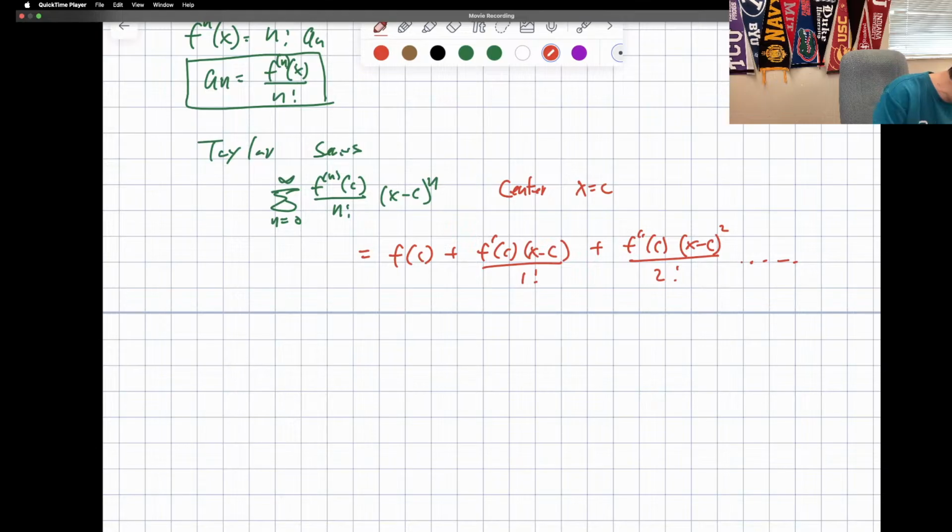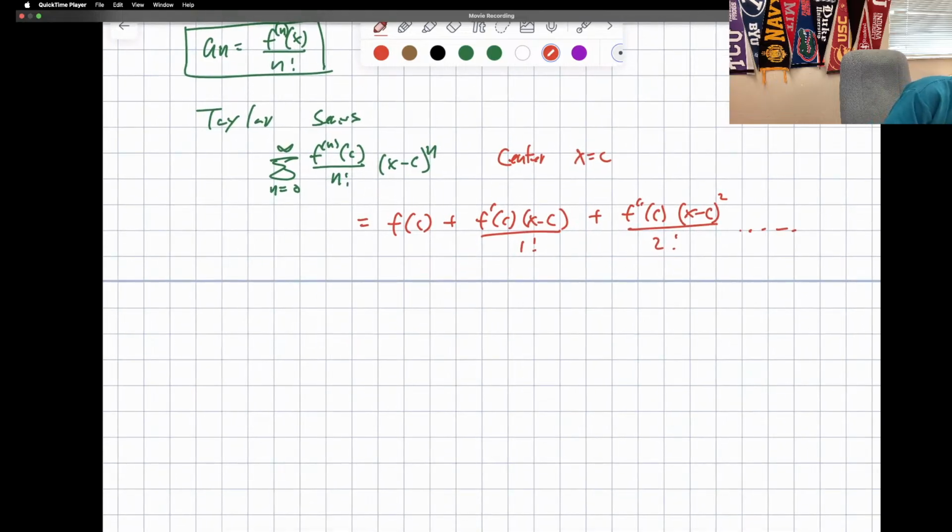Now, what happens if you have Maclaurin? Maclaurin's a little bit lazier. Maclaurin, same thing: f^(n) at 0 over n factorial, times x to the n.